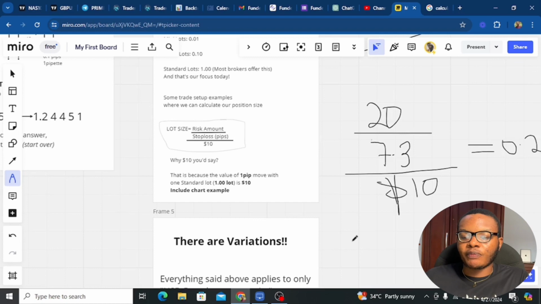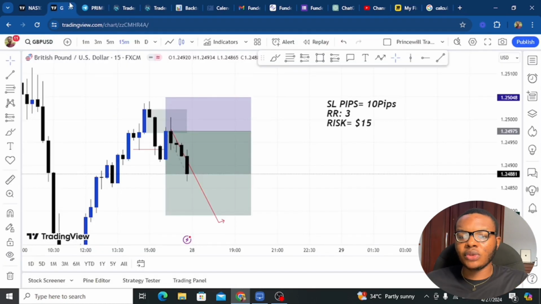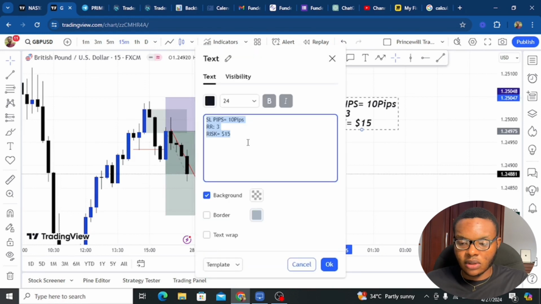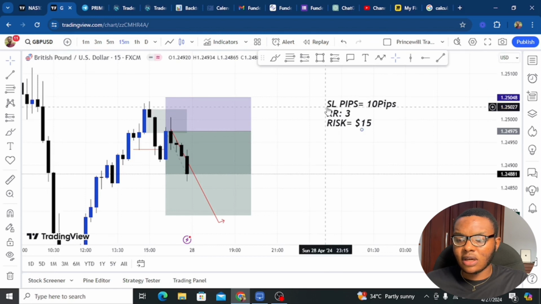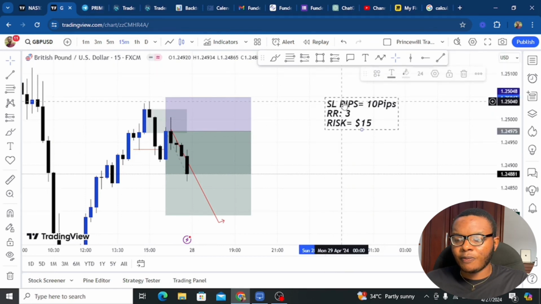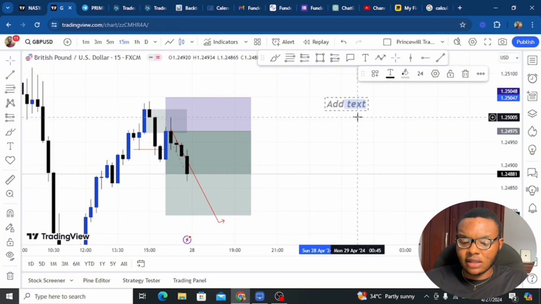Now, these calculations we've done so far, if you notice, we did on GBPUSD. So these calculations apply to just USD based pairs. Let me give you a list of the pairs that this applies to. This applies to any pair that has USD behind it.